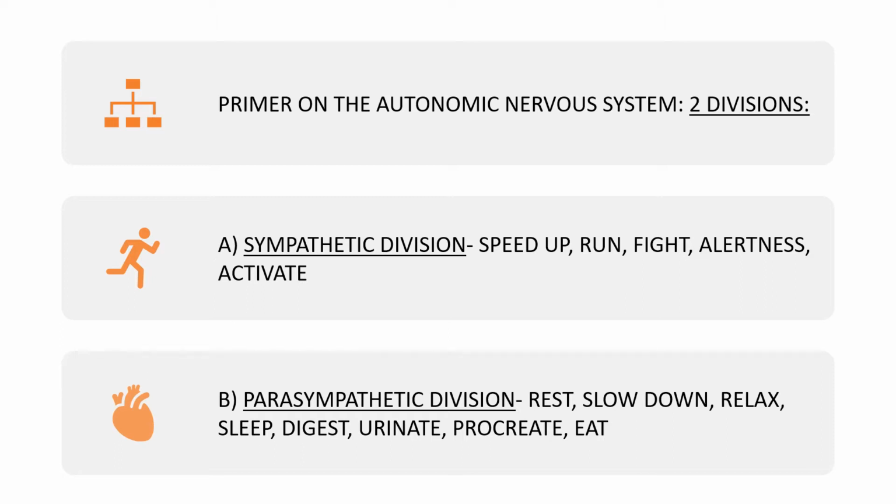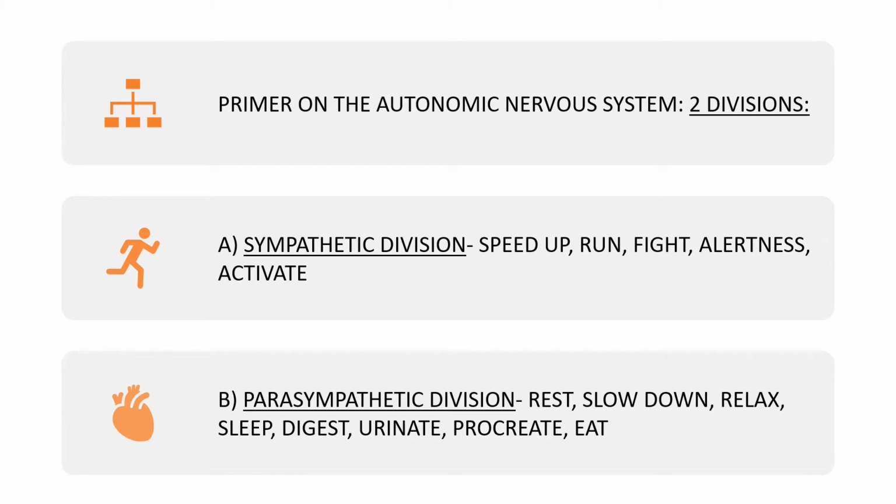Much more involved in sexual arousal and sexual activity. And as I mentioned before, eating and digestion. So this system is often called rest and digest, or feed and breed, okay, as a reminder of what some of its roles are. Okay, so let's move on to the next slide.